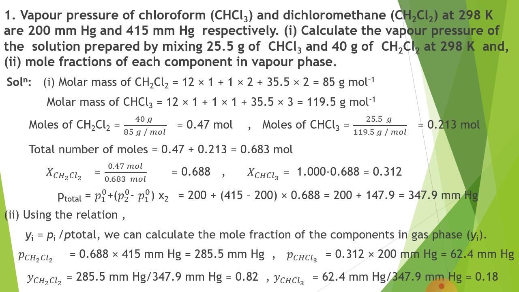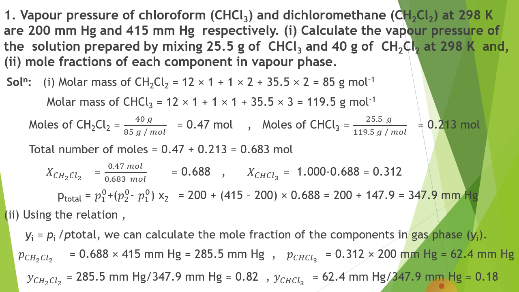Similarly, calculate the mole fraction of chloroform either by calculating number of moles divided by total number of moles, or, as I have told you, X equals 1 minus XB. Here, 1.00 minus 0.688 gives 0.312. Now we have found the mole fraction of both components.